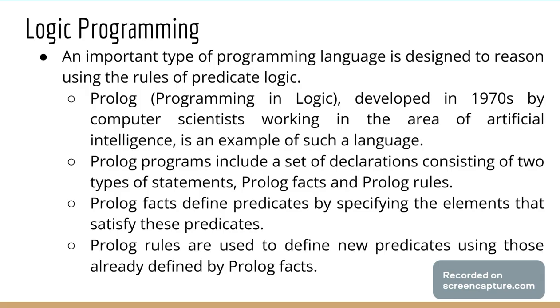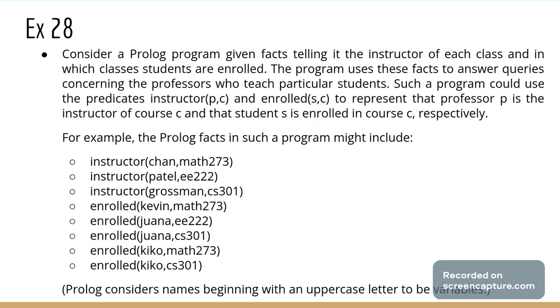Prolog facts were defined using logical predicates, and Prolog rules were defined as new predicates using the defined facts. This is just an example. You don't have to actually learn this by heart.